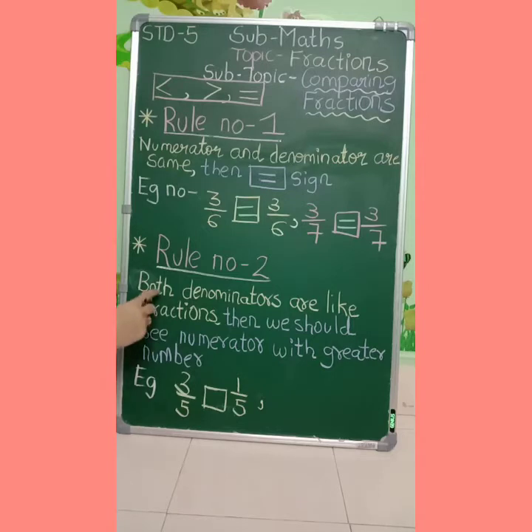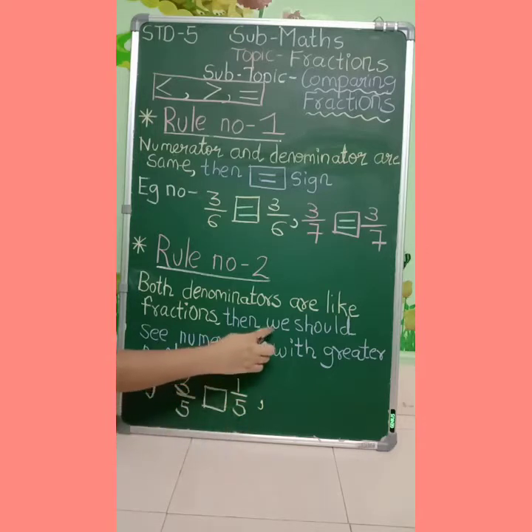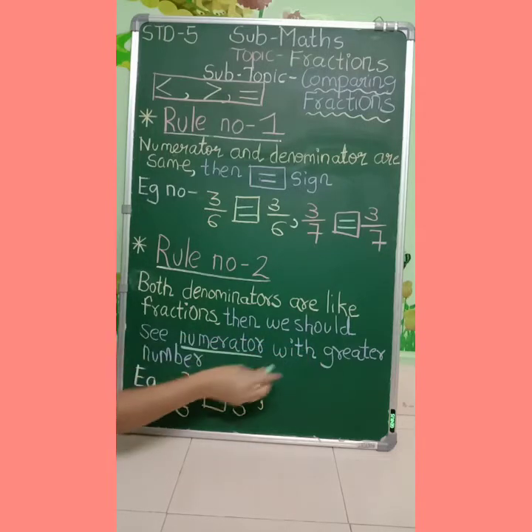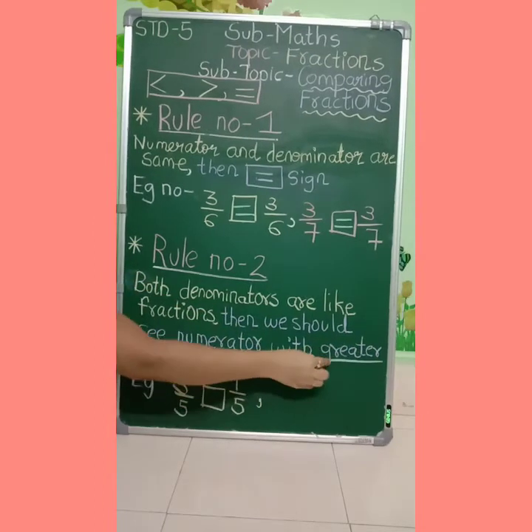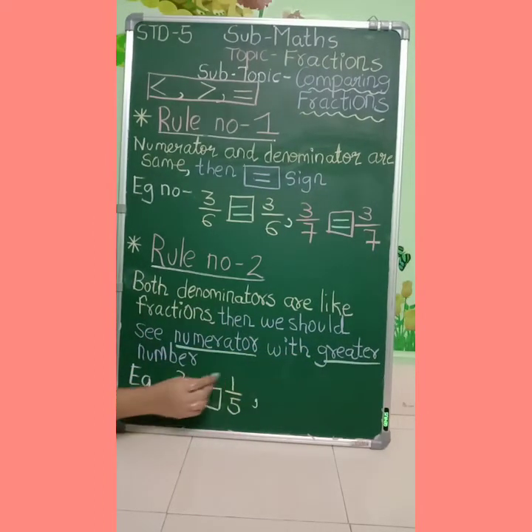Both denominators are like fractions. If both the denominators are the same, then we have to see the numerator. Which number is greater? This number is greater.